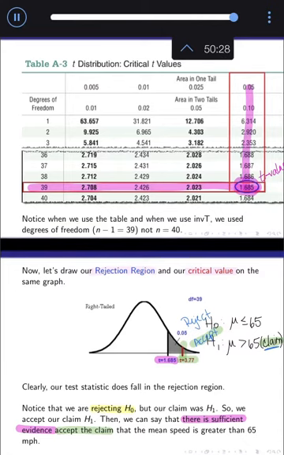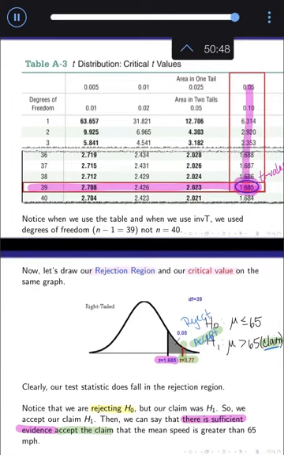How did we come up with that? We found our test statistic using our calculator and found out whether or not it fit in our rejection region. Remember, our rejection region here is anything greater than our t-value of 1.685.